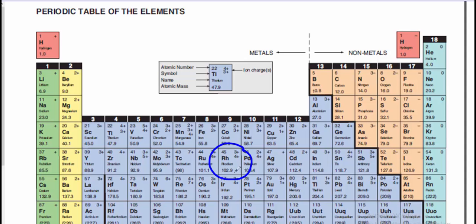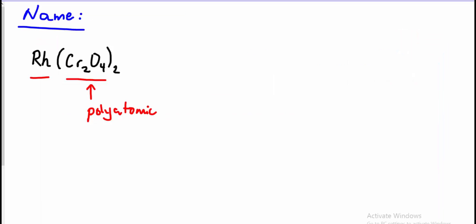So this is rhodium, and I'm going to leave a space in brackets for the charge on rhodium. It's going to be written as a Roman numeral, but first I have to figure out what that charge is. The next thing I'm going to do is figure out what the name of my polyatomic ion is. I've got C2O4. Let's look that up.